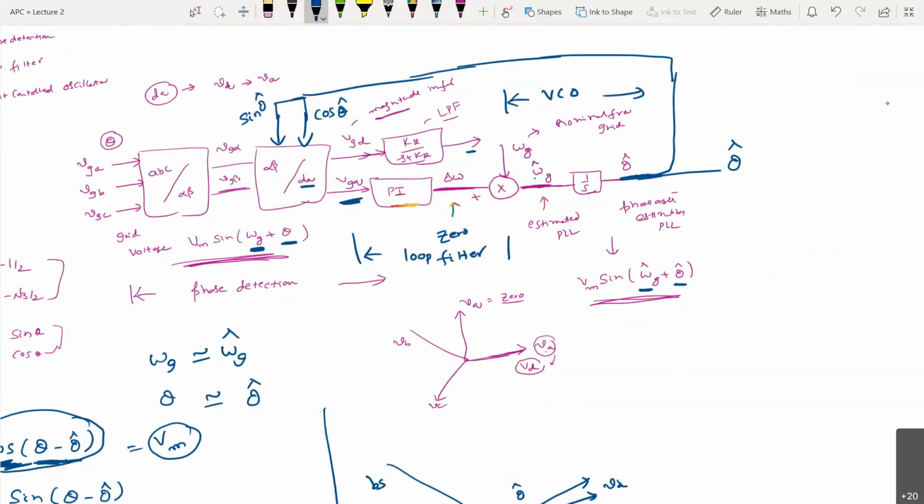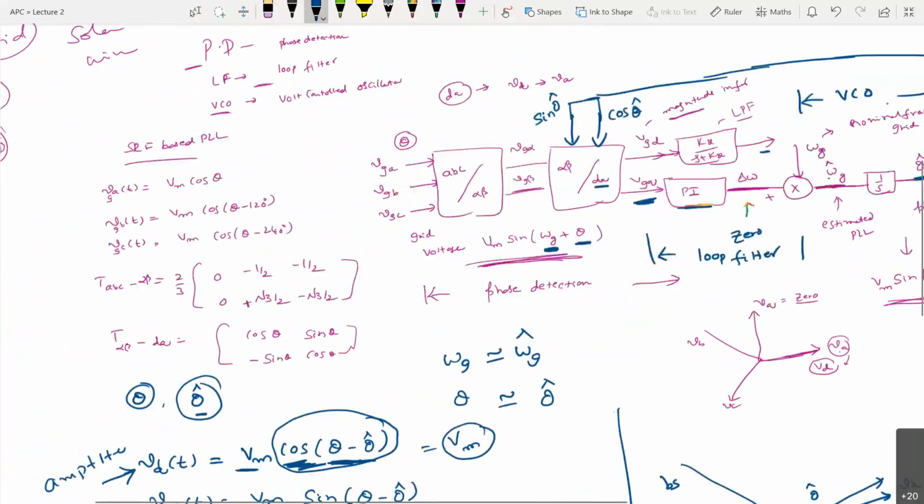The object of this PI controller is to make the steady state error 0, and later we add the grid frequency. For example, if you have 50 Hz grid frequency, it is added here in terms of angular speed, and this will be the estimated angular speed of the PLL. Is it clear?